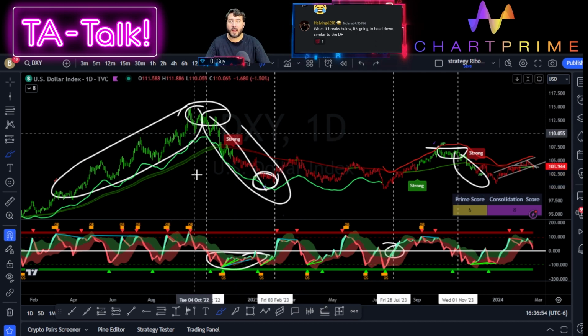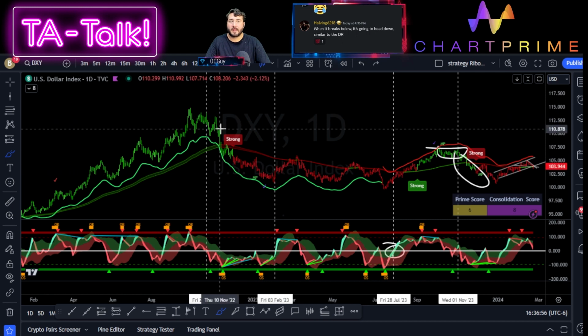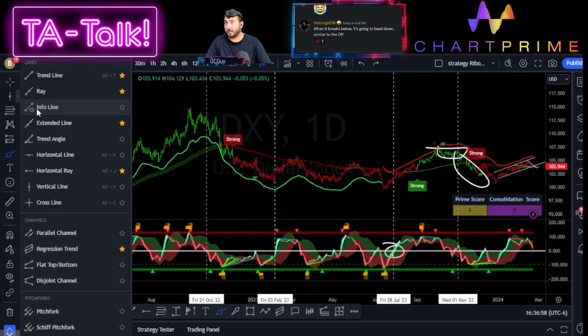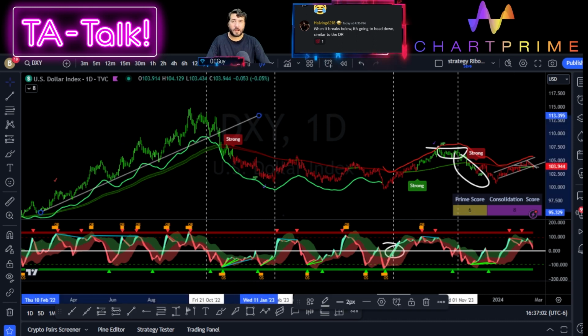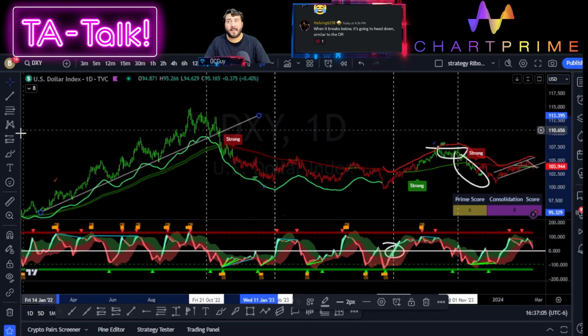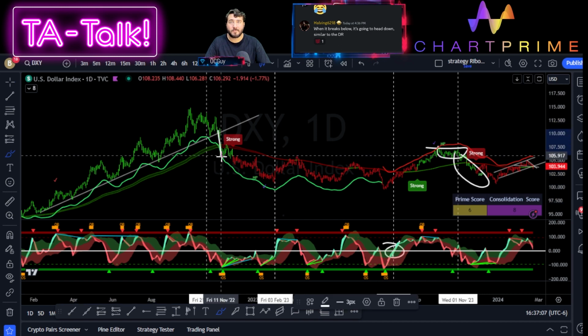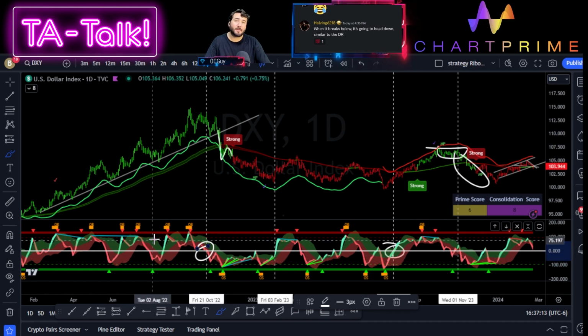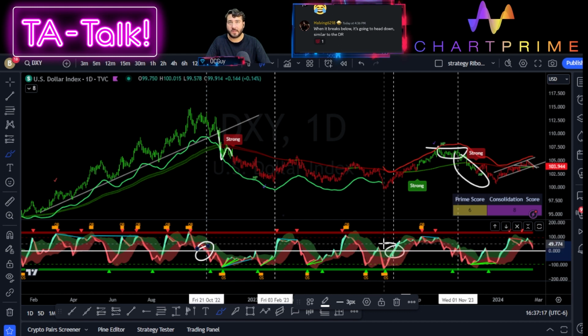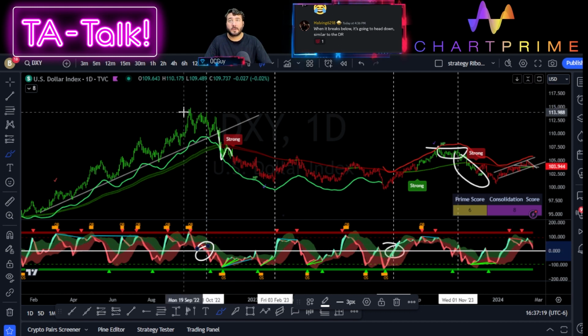So look at what happened here. We first start breaking the trend line, and then we have a confirmation by breaking through a retest, and guess what? Off we go. But we also have an early notice as the volume or momentum was dropping through the threshold here. You see that?